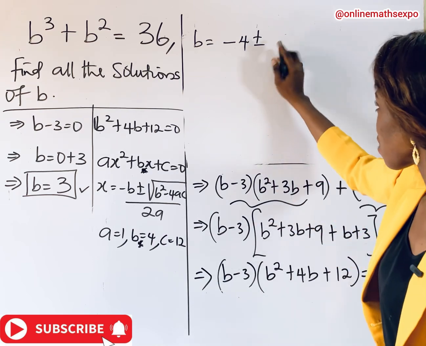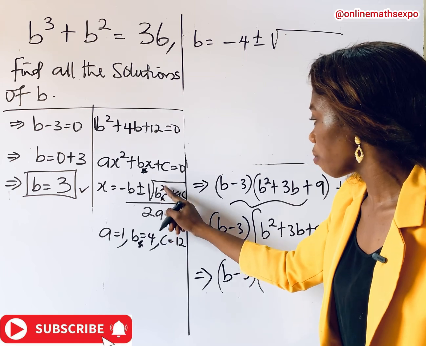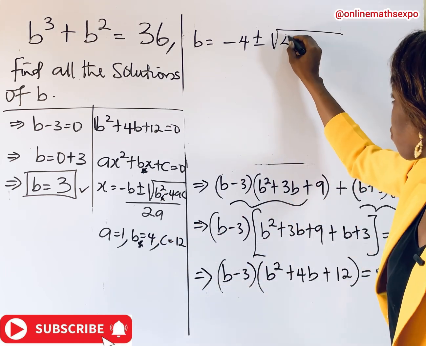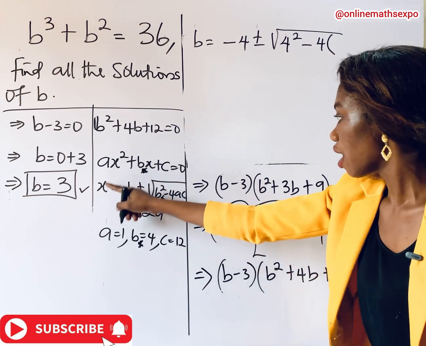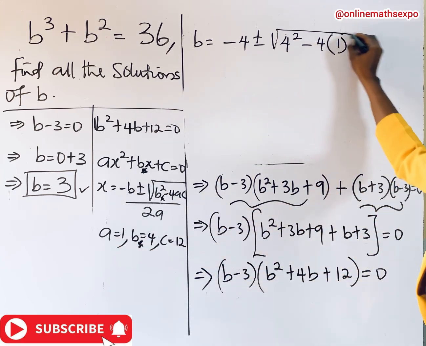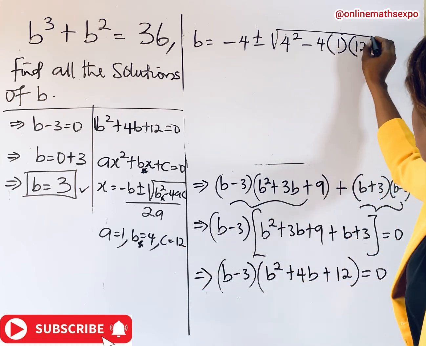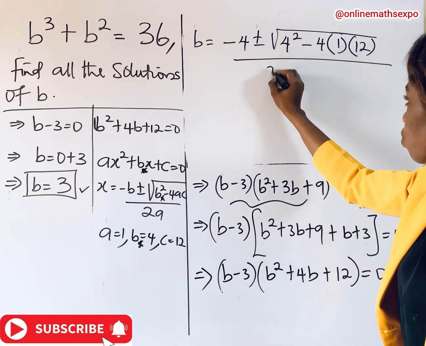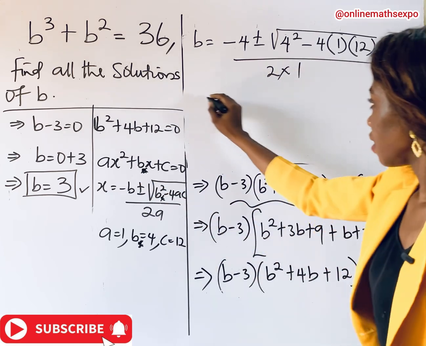So we have the square root of b squared, our b squared is 4 squared, minus 4 multiplied by a, which is 1, and our c, which is 12. Did you see that? This is all over 2 times our a, which is 1. That's interesting.